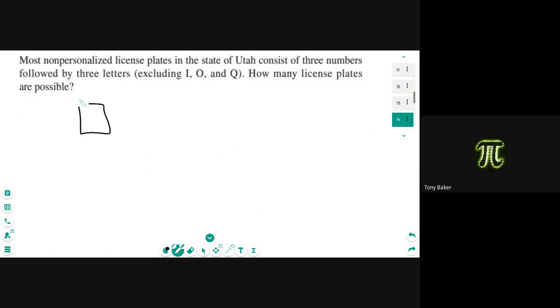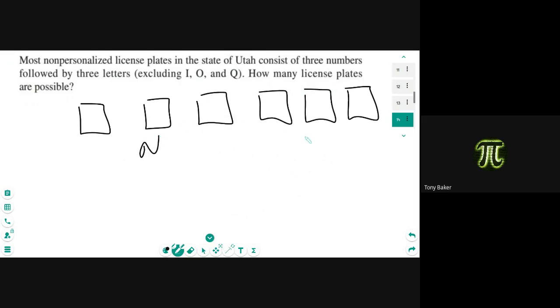So let's see. We're going to look at the same boxes. We have the numbers over here and the letters over there. So how many numbers can go on the first one? 10. How many numbers can go on the second one? Third one. How many letters do we have total? 26 minus those 3 is 23.